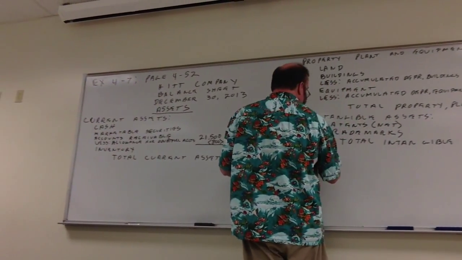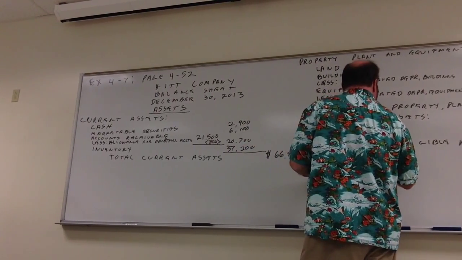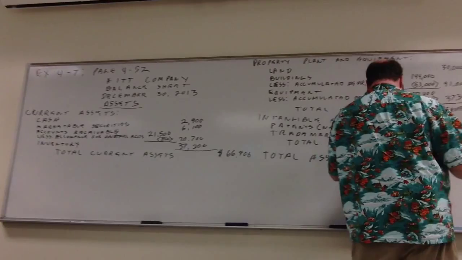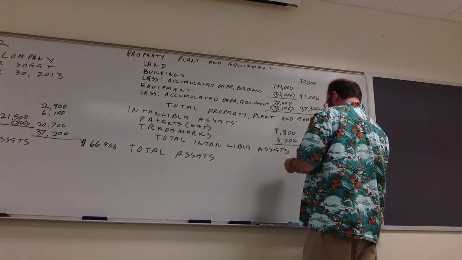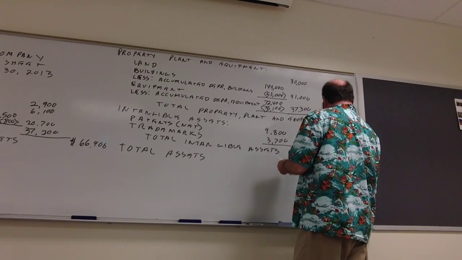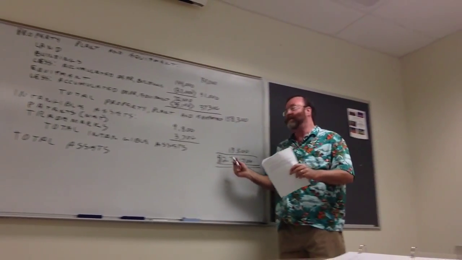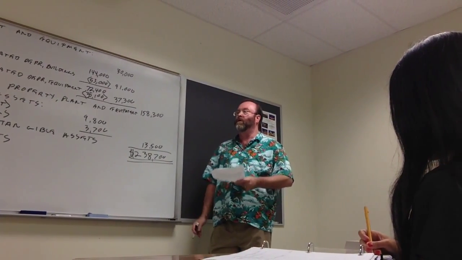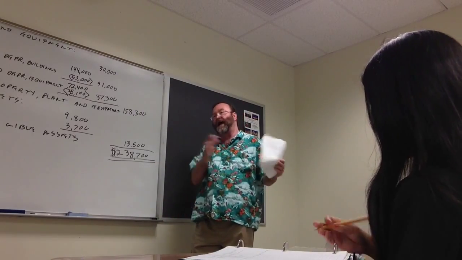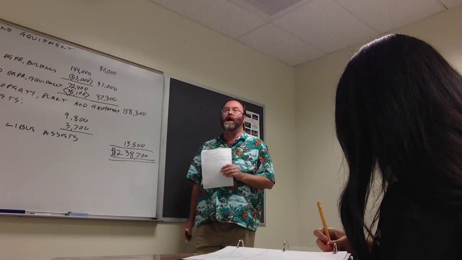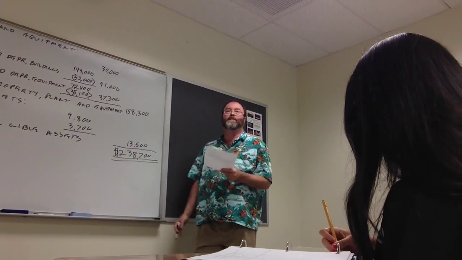Which gives us total assets of $238,700. And because it's the end of this section, half of the balance sheet, we've double underlined to let people know that there's not more assets on the next page.